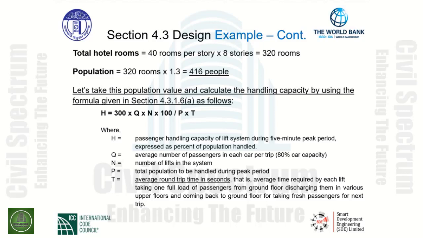The formula again is 300 times Q times N times 100 divided by P times T. And again, we have the explanation of what these variables in our solution should provide us.